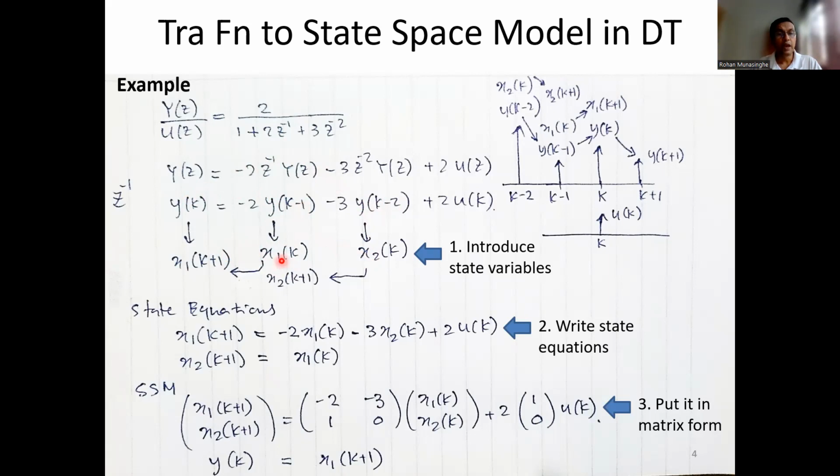When the time advances to k+1, you take this value and swap it with the present value, the next value. Every time you change the values, you remove the value and move it to the other variable. For example, whatever you had in the x2 box goes to the x1 box after one time step.